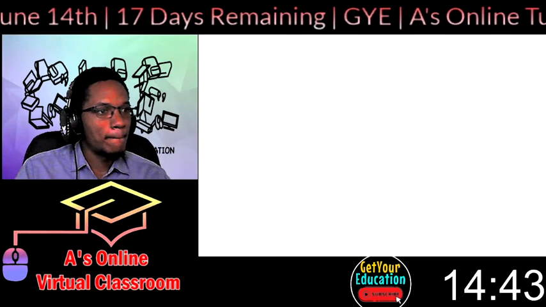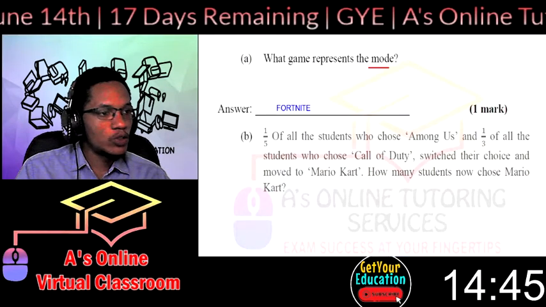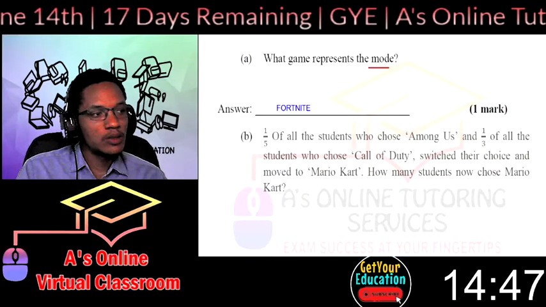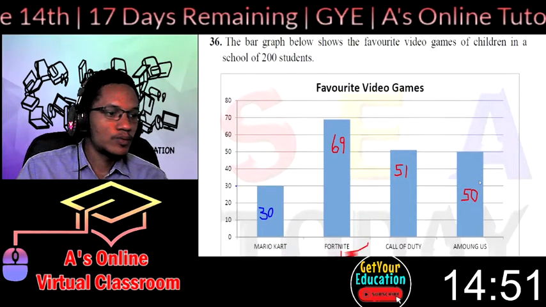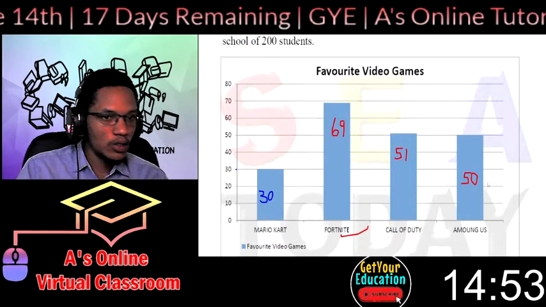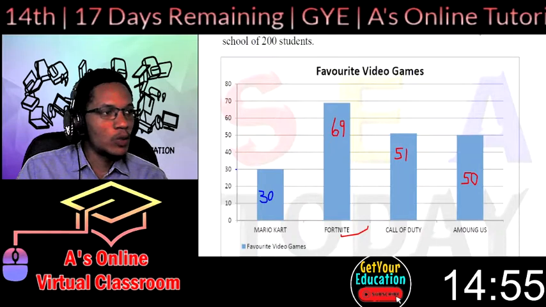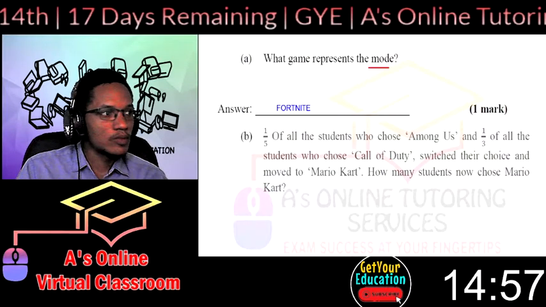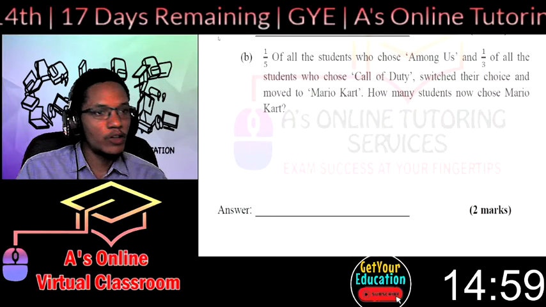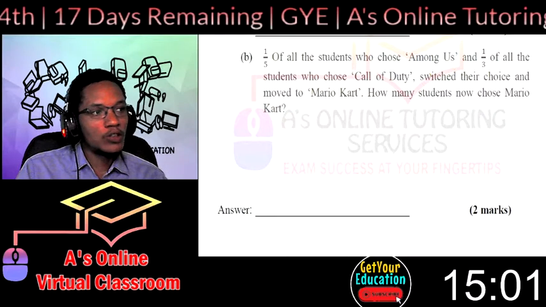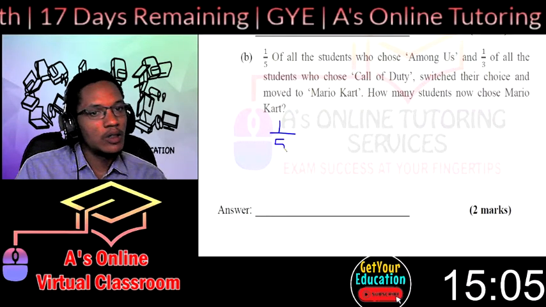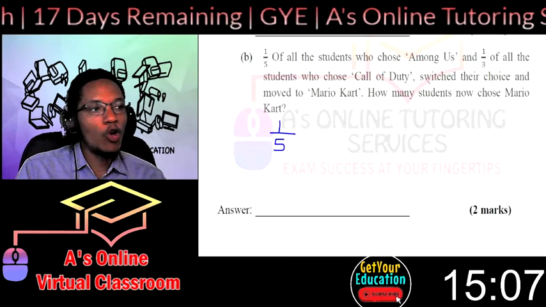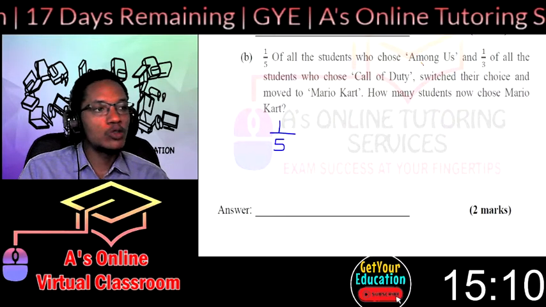Alright. So we're talking about Among Us and Call of Duty. So Among Us was 50 and Call of Duty was 51. So let's see if we could find these fractions. Among Us was 50, so they want 1/5 of all who chose Among Us.